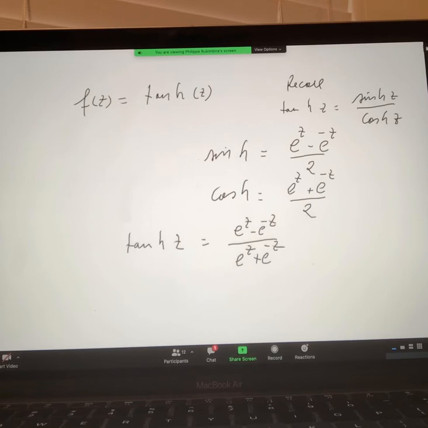So a pole of multiplicity 1 is going to be a 0 of the denominator, but not a 0 of the derivative of the denominator. A pole of multiplicity 2 will be a 0 of the denominator which is also a 0 of the derivative of the denominator.